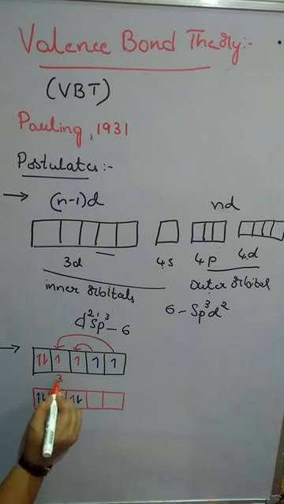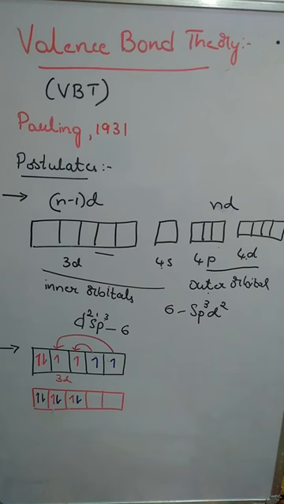These are 3d orbitals, and in 3d orbitals, sometimes the unpaired electrons may jump to another orbital containing an unpaired electron and get paired up. If that happens, it is called a rearrangement. Rearrangement of electrons is going to take place.